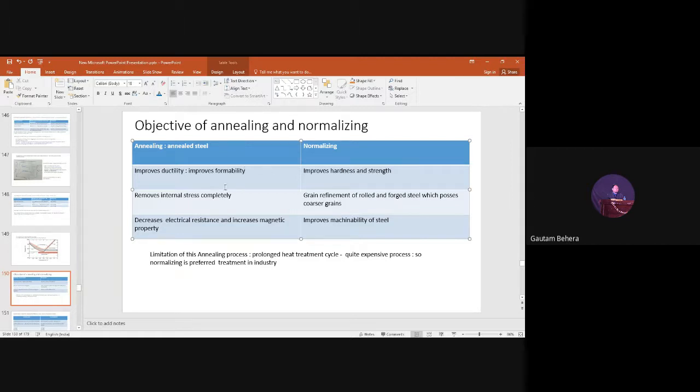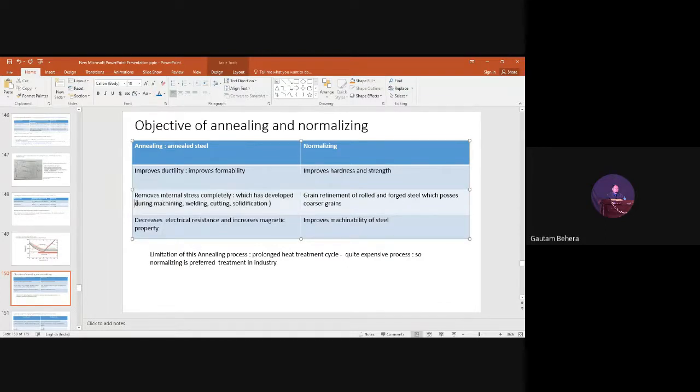And the second one, you can see, is removing internal stresses completely. If there are any internal stresses which may be developed during machining, welding, cutting, or solidification, all the internal stresses developed during these processes will get removed.